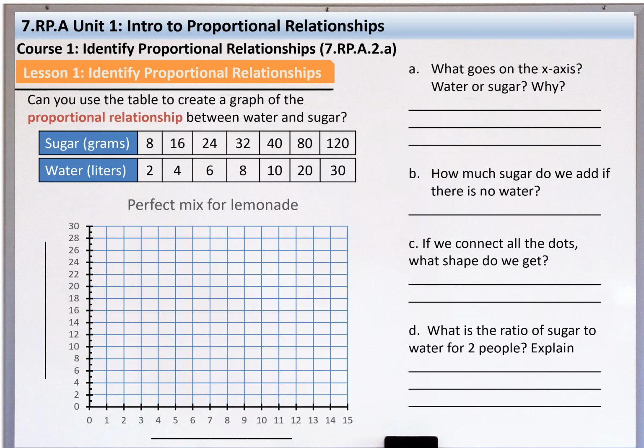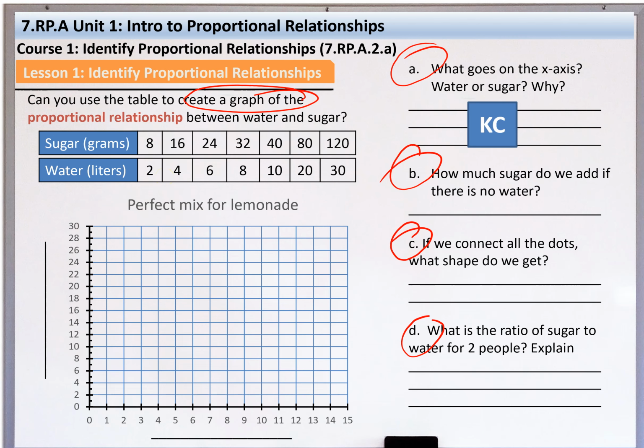We're going to take this same table and answer some questions as we create a graph using this information. So I'm going to answer, what goes on the x-axis, water or sugar, and why?